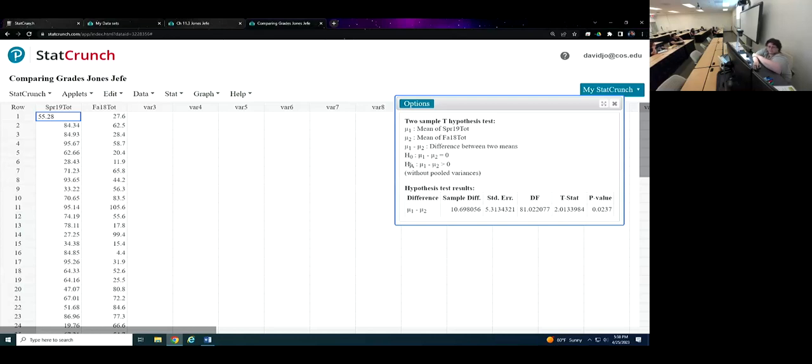And it tells me what the sample difference is. 10 points. Grades were higher in spring over fall by 10 points. A full letter grade. The average grade was a full letter grade higher.